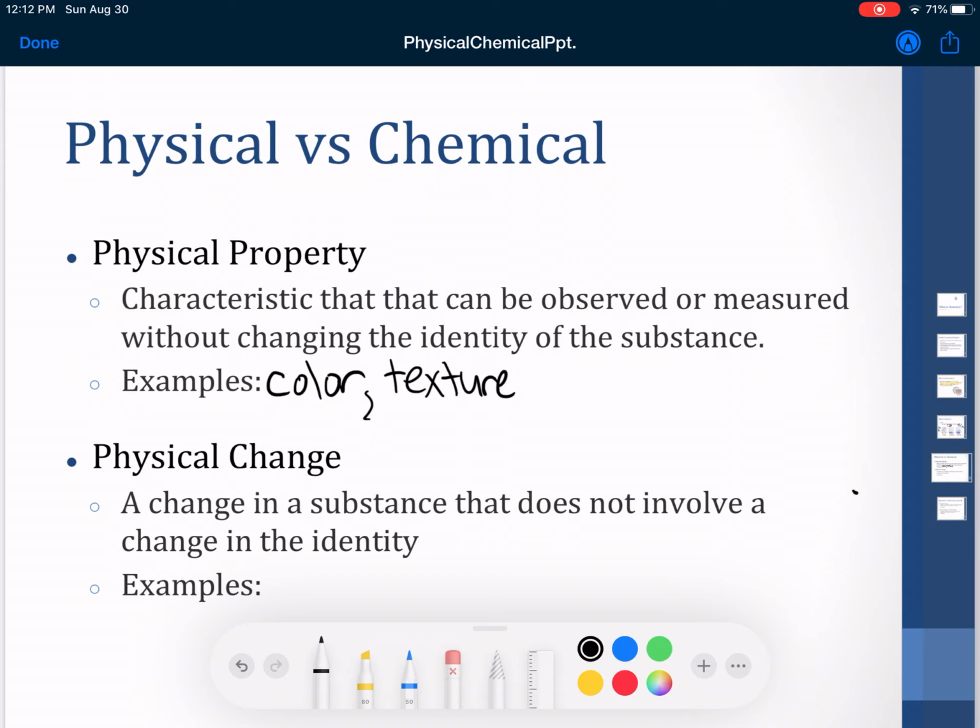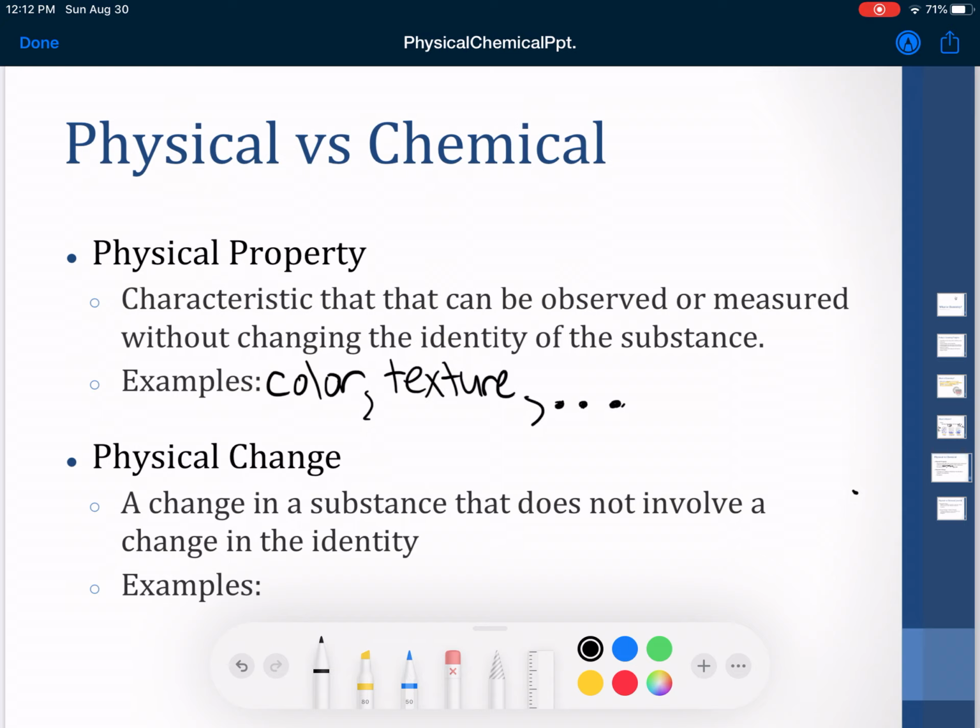Okay, those are different types of physical properties. I'll leave some space here for you guys to kind of fill in some of your own if you want. Physical properties are pretty easy to come up with as long as you can see them, touch them, measure them without changing the identity of the substance. It is considered a physical property.